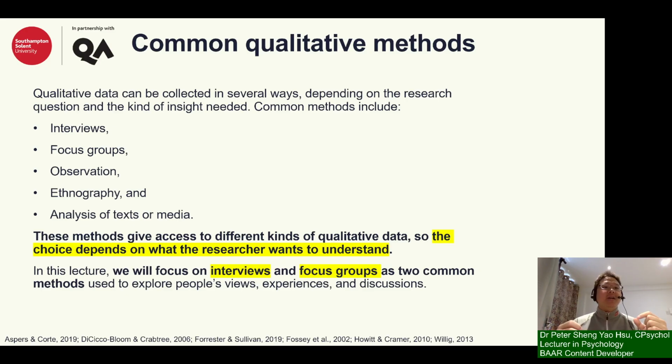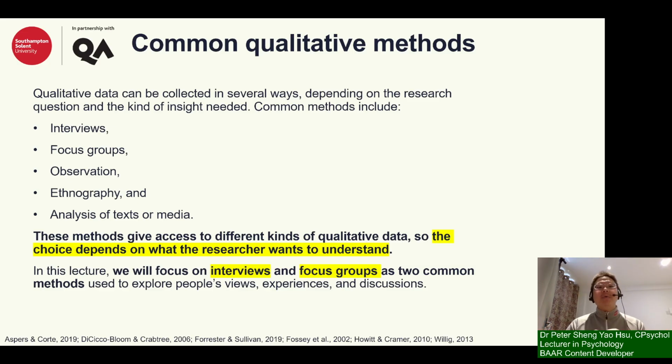Another method is the focus group. Focus groups are useful when the researchers want to understand not only individual views, but also how people discuss a topic together or respond to each other. They may agree, disagree, or build shared meanings.